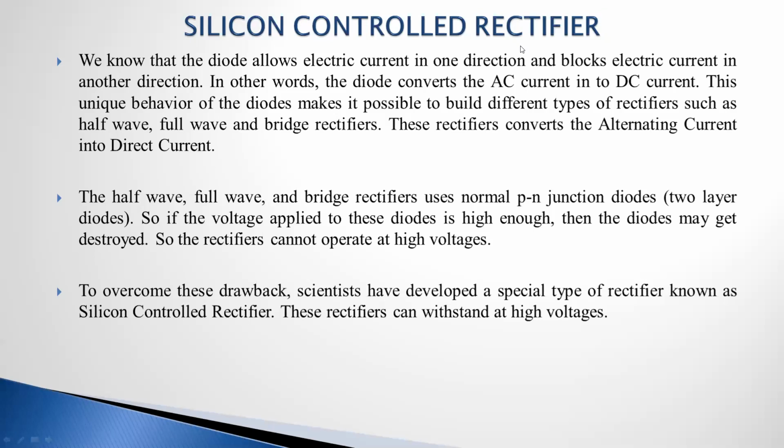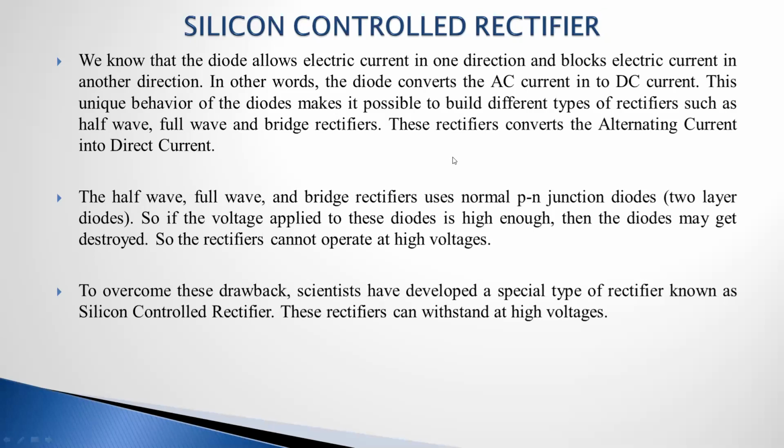This unique behavior of the diodes makes it possible to build different types of rectifiers, such as half wave rectifiers, full wave rectifiers or full wave bridge rectifiers, and three phase bridge rectifiers for converting AC into DC. Rectifier means it is rectified from AC to DC.